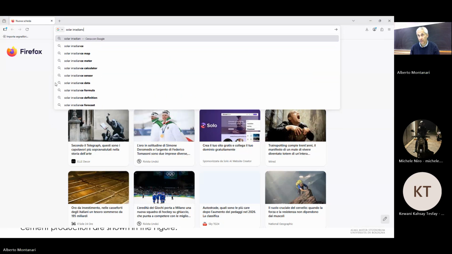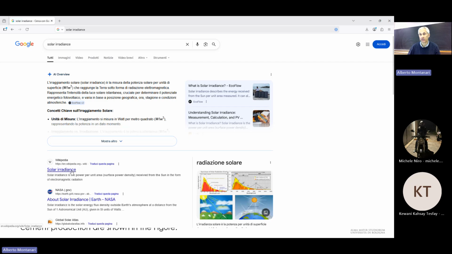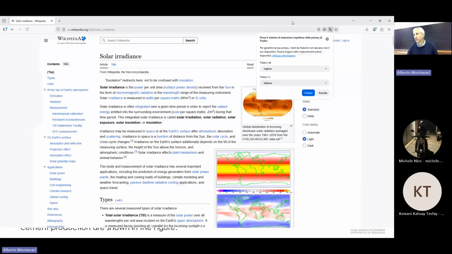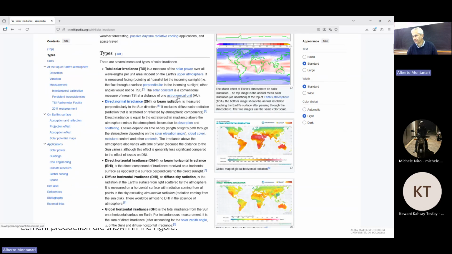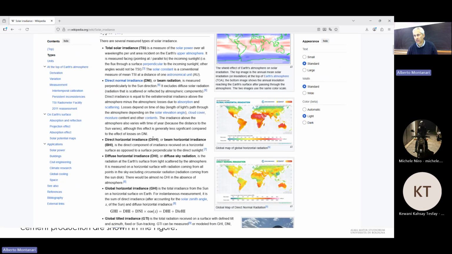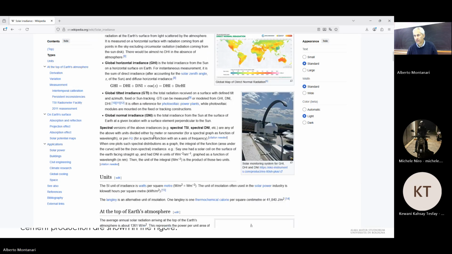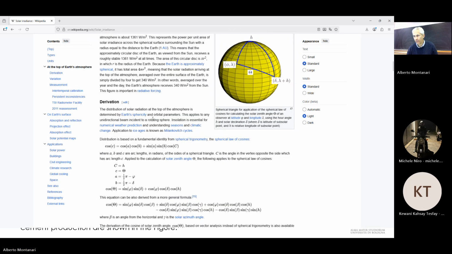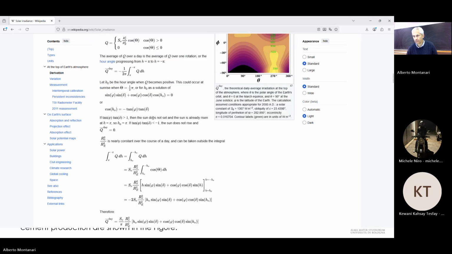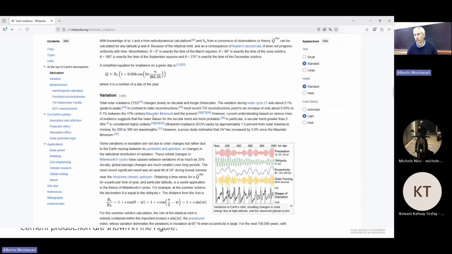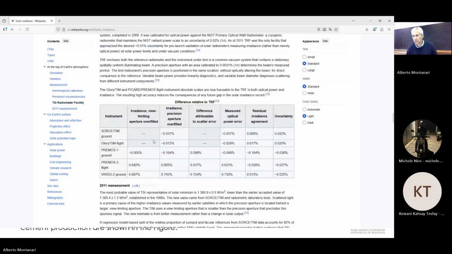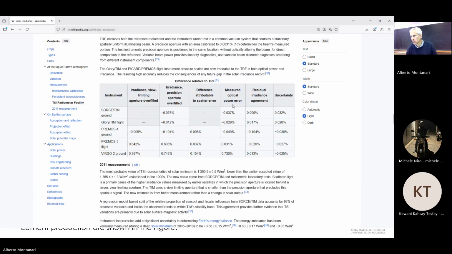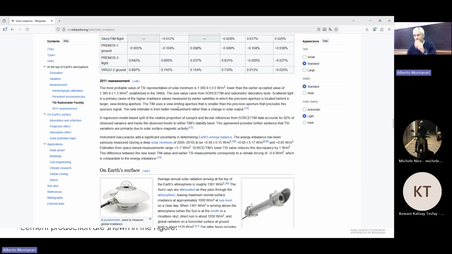Solar irradiance. We already defined what solar irradiance is, but I want to see if there are values here. Okay, types. Here there are the maps, which we will see in a moment. Okay, I don't find the value here, so let's see.